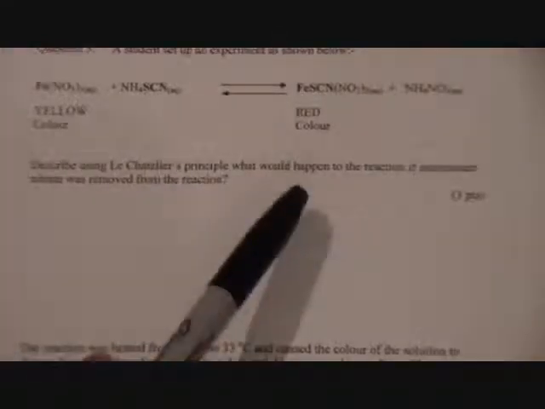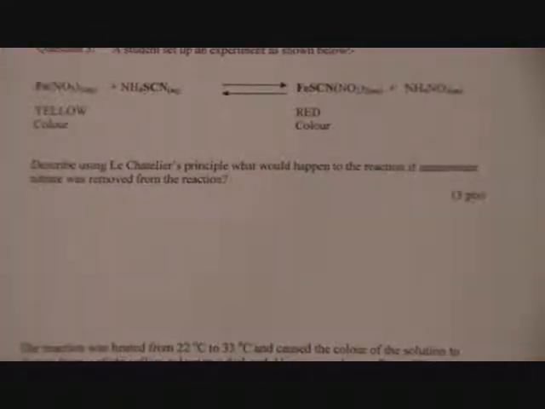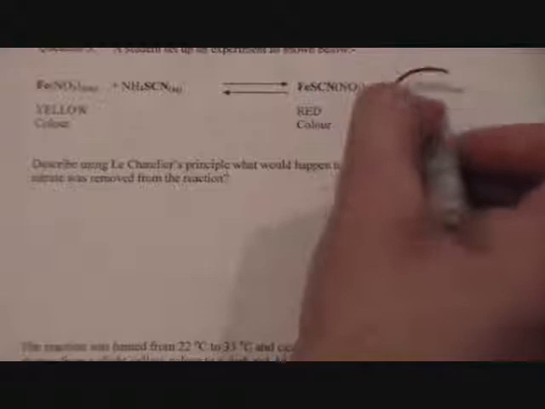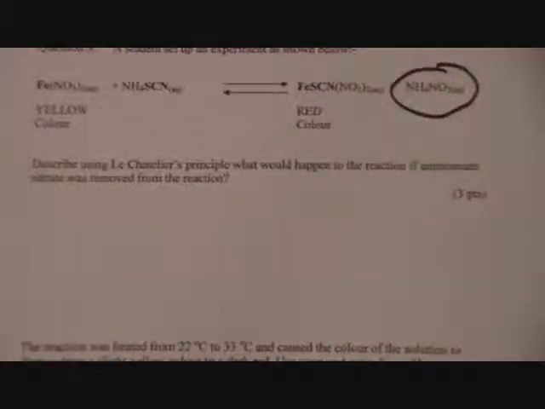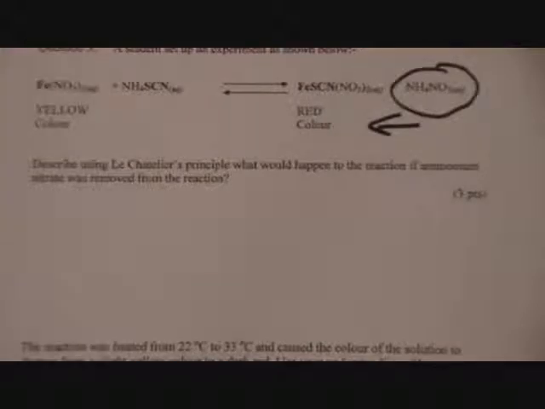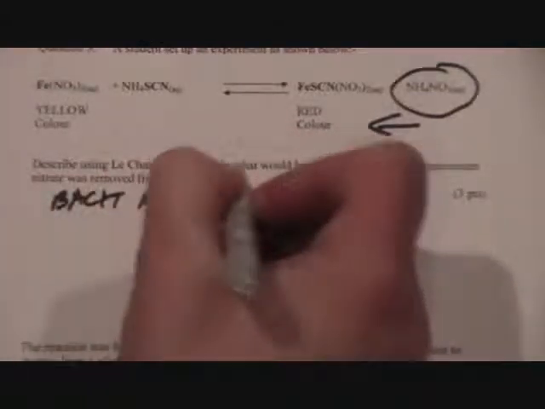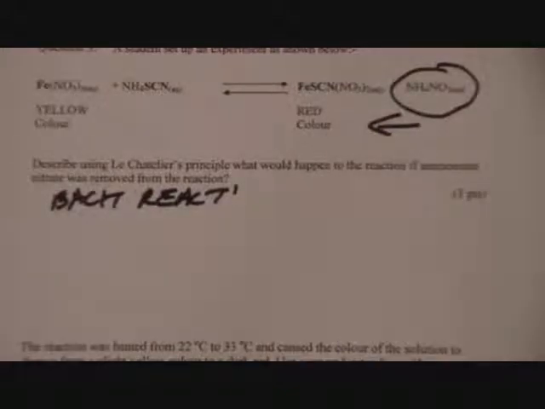So we're asked, using Le Chatelier's principle, what happens if we remove ammonium nitrate? So there's our ammonium nitrate. It's one of the chemicals which drives the back reaction from right to left. So if we remove ammonium nitrate, we're affecting the back reaction, but we're affecting it in a negative way.